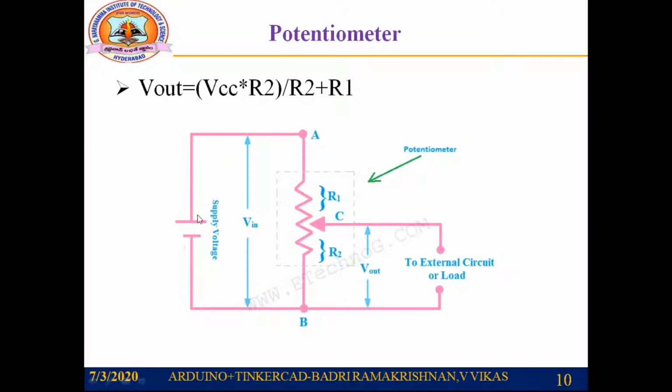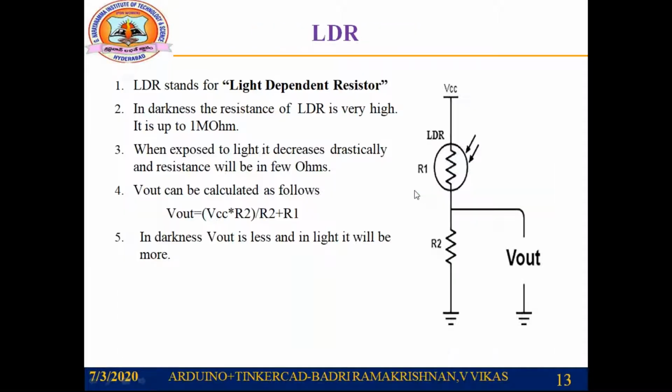V out equals VCC into R2 by R2 plus R1, like that we consider. So the same thing we can also use here. Instead of that resistance we have LDR. LDR is also a resistor, and its resistance varies with respect to whether light is available or not. I hope that concept is clear for you.